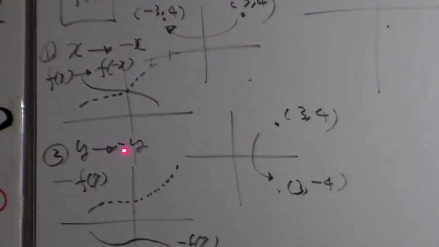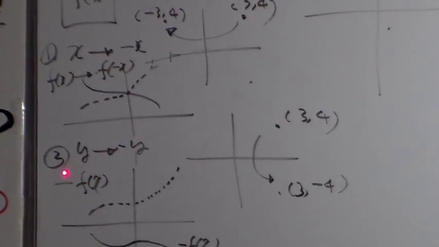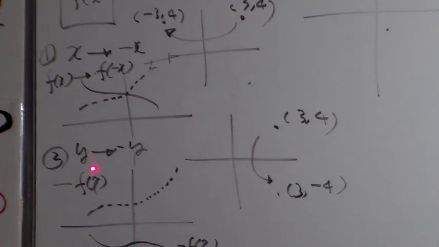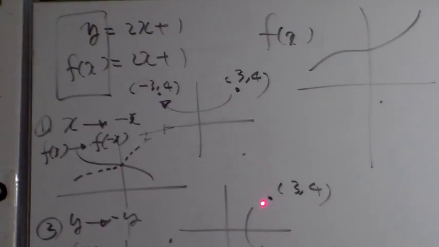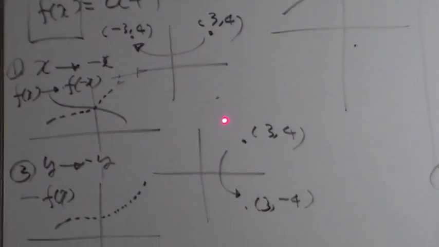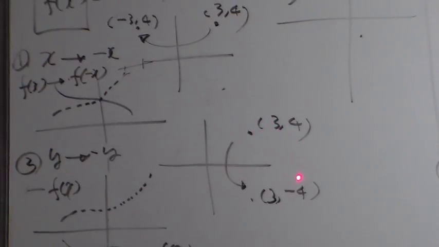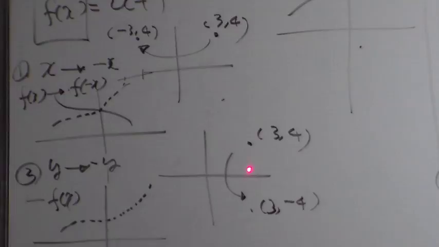Another idea is y replaced by minus y, or in the exam, f(x) becomes minus f(x). What happened to the graph? I will show you again. The initial location is 3 and 4, right? Then y is replaced by minus y, and x is just the same. Then this location is flipped, or rotated, around the x-axis.